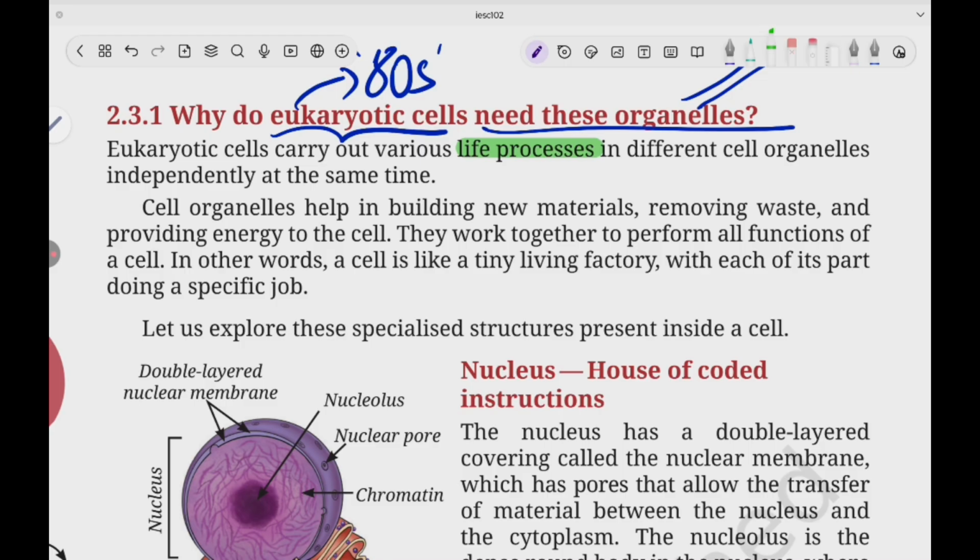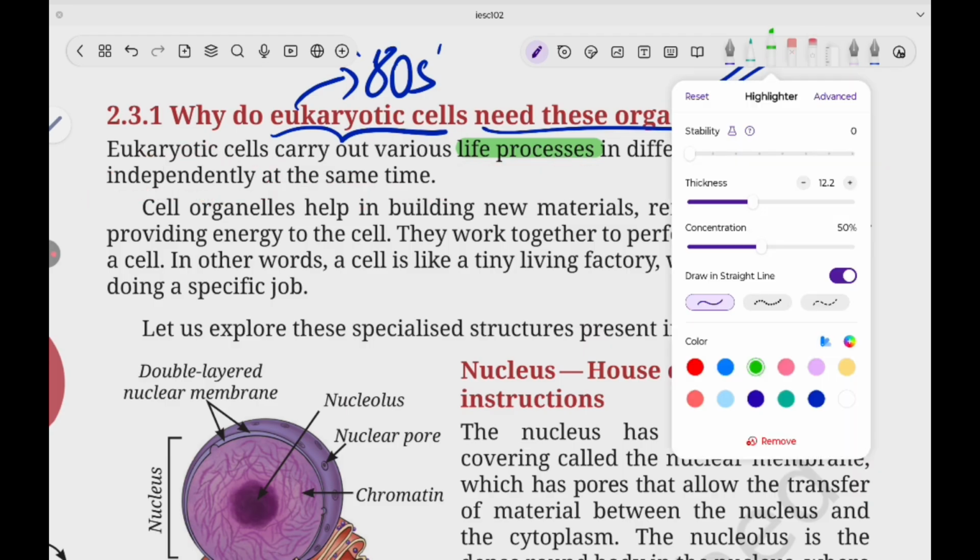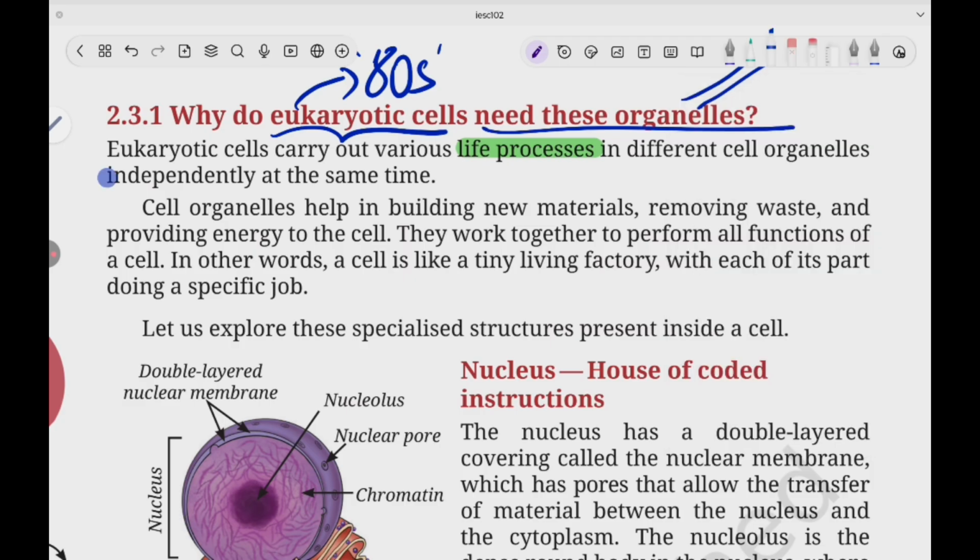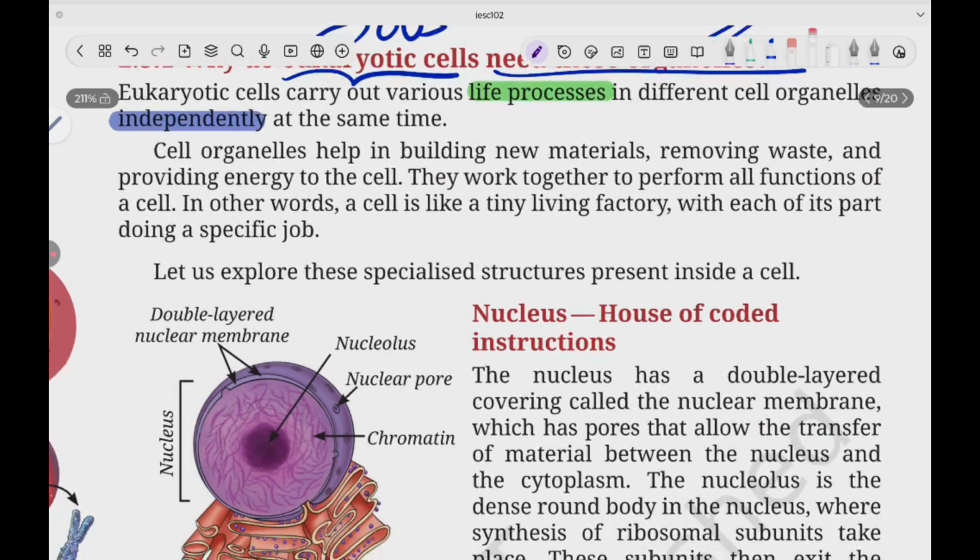In a eukaryotic cell, various life processes take place in different cell organelles independently at the same time. Independently is very important: one's function does not affect the other's function. Cell organelles help in building new materials, removing waste, and providing energy to the cell. They work together to perform all the functions of a cell.